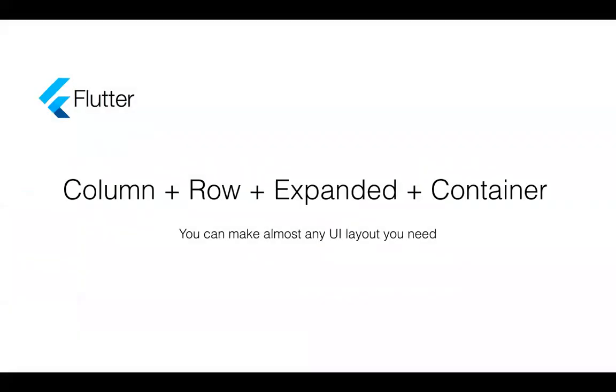But with these ones that we gave you, it's already powerful enough, I would say, to make probably all of your UIs. If you have a column, if you have a row, and when you need to do the weight, you add Expanded. When you need to specify specific margins or hardcode some of the heights and widths, you wrap it with a container.